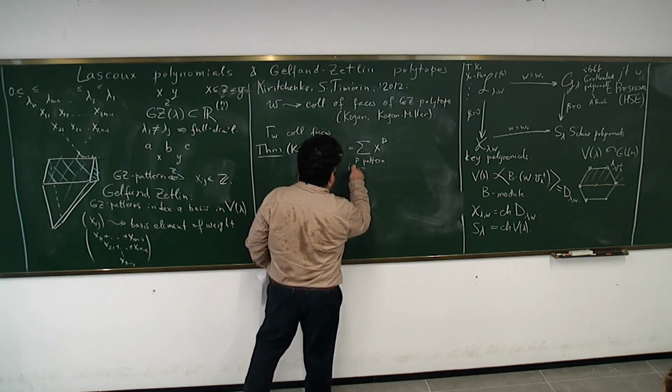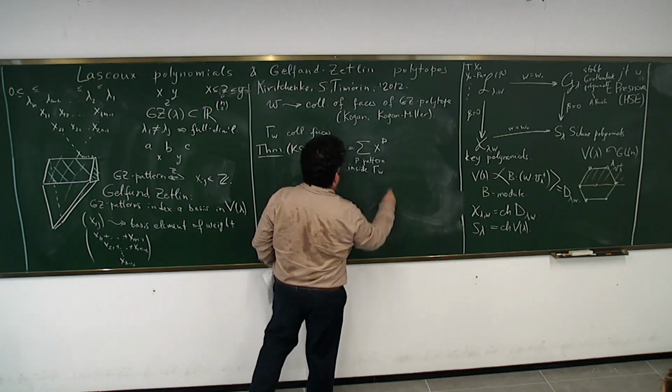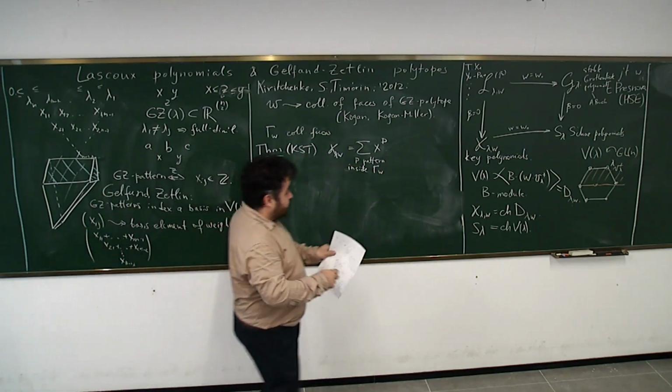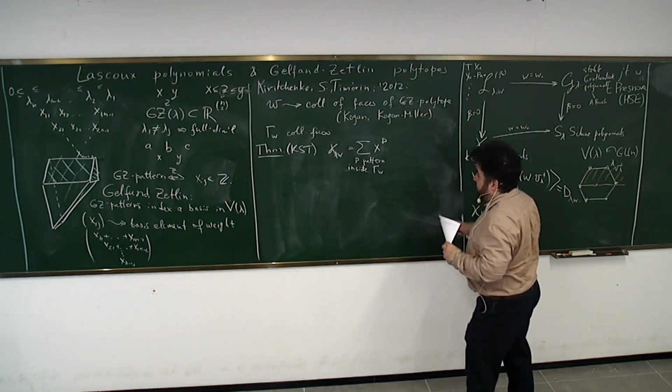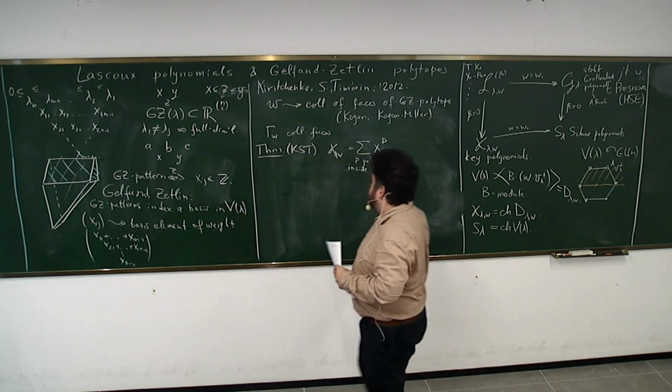So for w equals w_0, we recover the Schur polynomials as in the classical case.